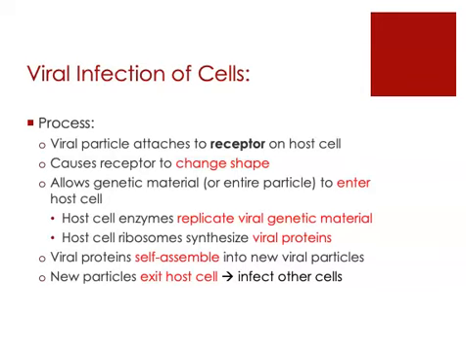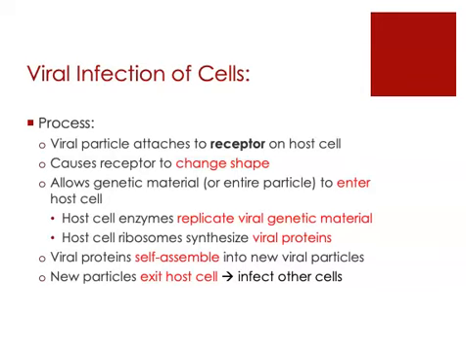But once that material is in the host cell, the cell doesn't know that it came from a virus. The host cell can't tell the difference, in other words. When a host cell sees a piece of genetic material, it's just a piece of genetic material. So the host cell enzymes, the host cell machinery, is going to do with the viral genetic material what it does with its own genetic material.